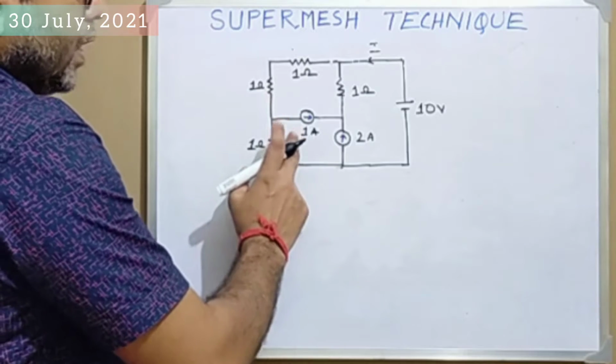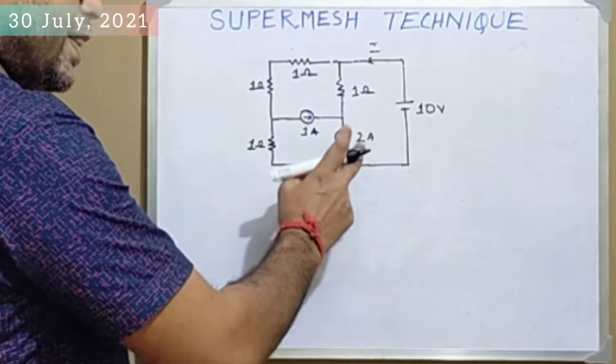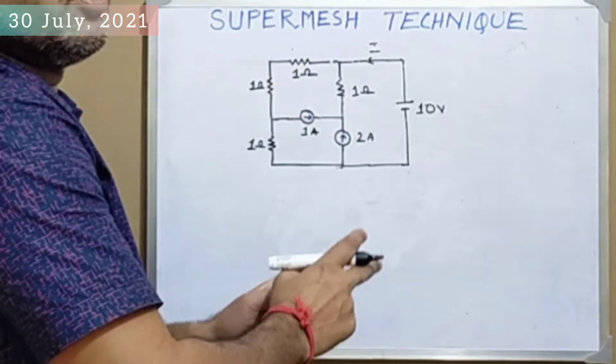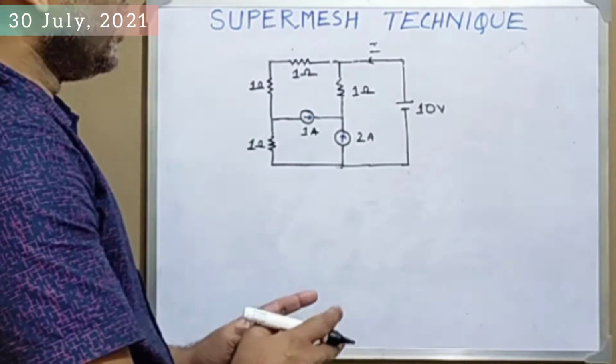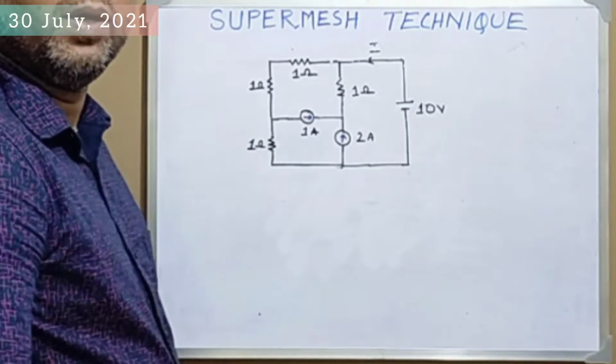Here multiple current sources are available, 1 ampere and 2 ampere. That problem can be solved by using the superposition theorem, but it will take a huge amount of time. So far you have seen that.